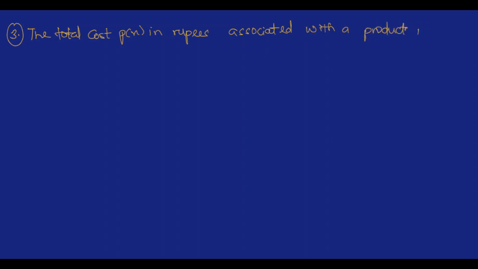The third question says that the total cost P(x) in rupees associated with a product is given by P(x) is equal to 0.4x squared plus 2x minus 10.